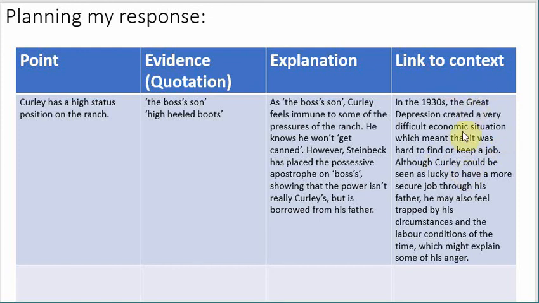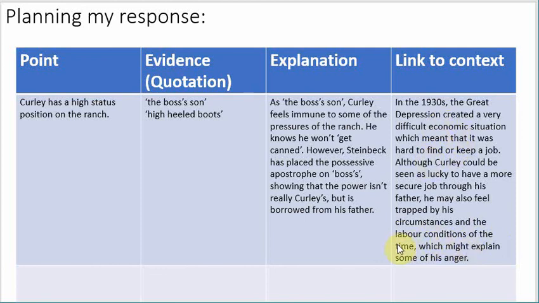What I need to do though is link it to the explanation, to the point and the evidence that I've just made. So, linking it to Curly here, it was very hard to find or keep a job. Curly's lucky because he's got a secure job through his father, but that doesn't mean that he'll get another secure job because it's very difficult to get a job in the Depression.